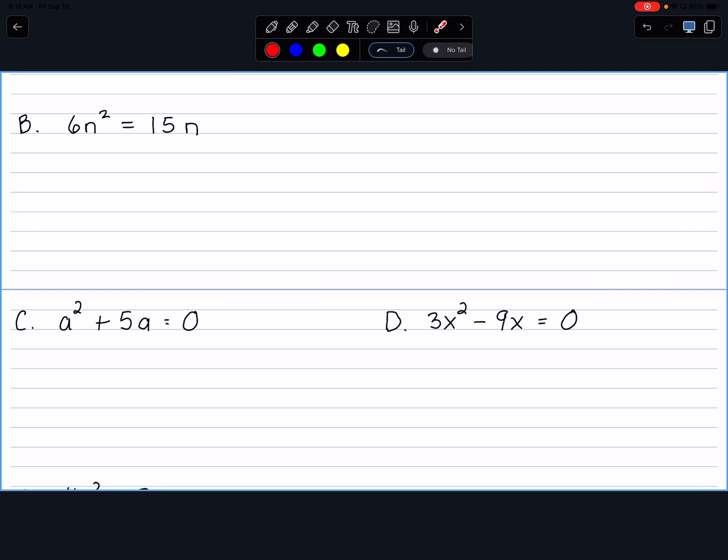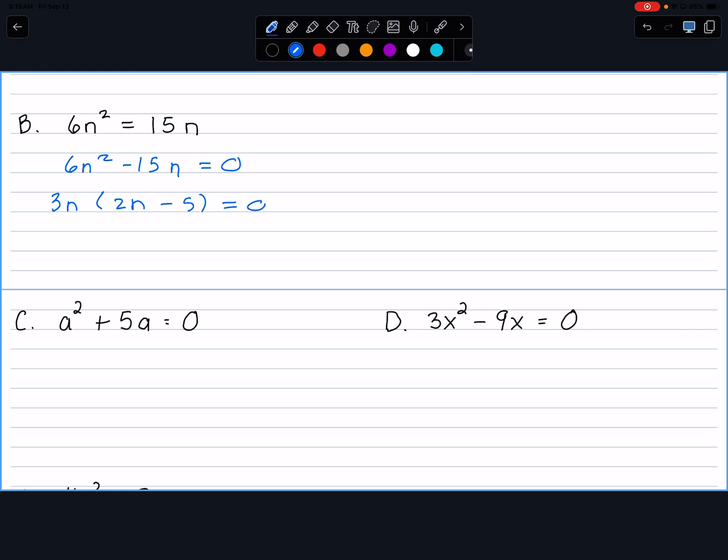Okay, let's see what we got. Currently I can't use the zero product property because I don't even have a 0. So I'm going to subtract 15n from both sides. So I get 6n squared minus 15n equals 0. Now we're back to what we did in the last example. I think you guys would agree, 3 is the largest number that goes into both. N is the highest power of the variable. So we get 3n times 2n minus 5.